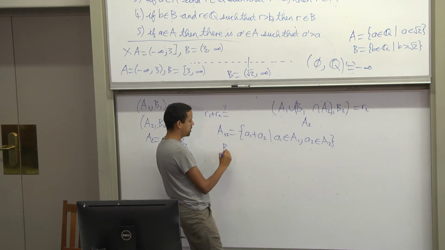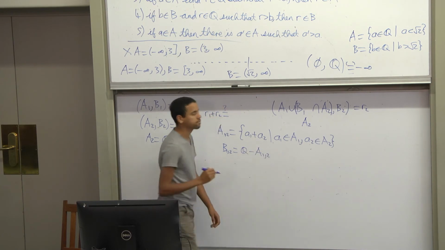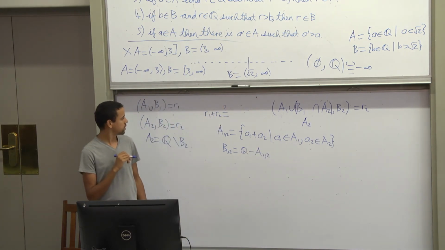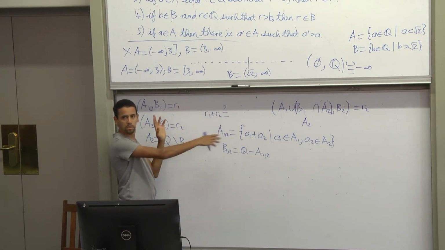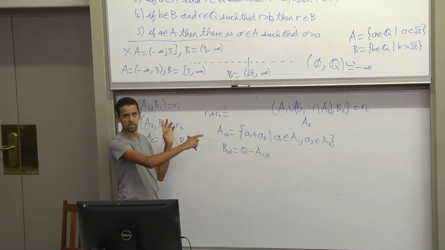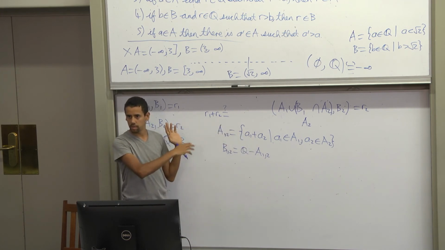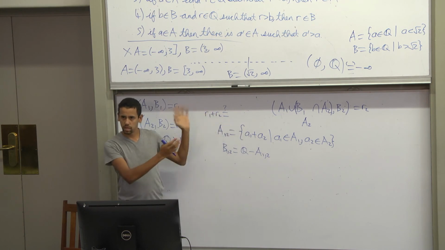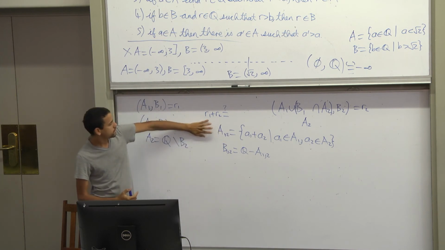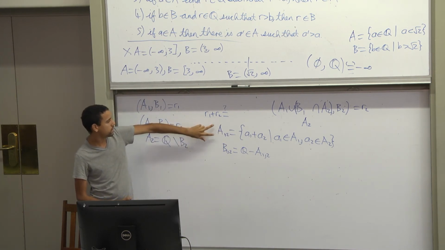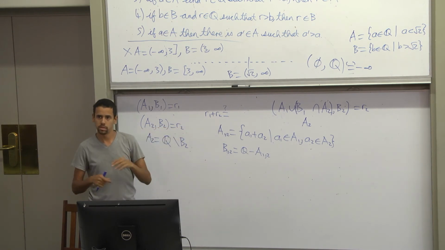And then your corresponding B is just everything that's not in that A. So instead of adding up corresponding values, you just allow all possible pairs or all possible sums. That does mean that a particular sum will occur more than once, in fact infinitely many times, but because it's a set, that doesn't matter. We just consider that sum occurring once. So that is how you define adding two Dedekind cuts, which corresponds to adding the corresponding real numbers.